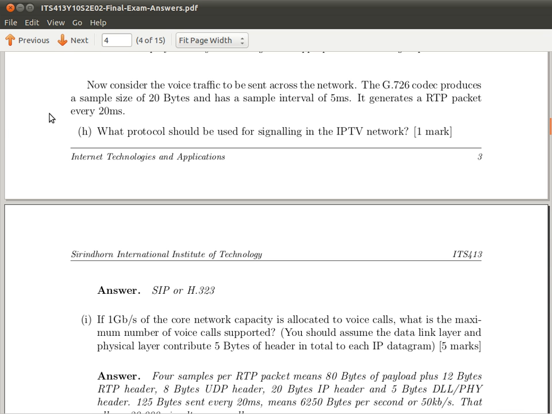Every sample contains 20 bytes of data, so 4 samples contain 80 bytes of data. We're sending 80 bytes every 20 milliseconds, which means 50 packets per second.